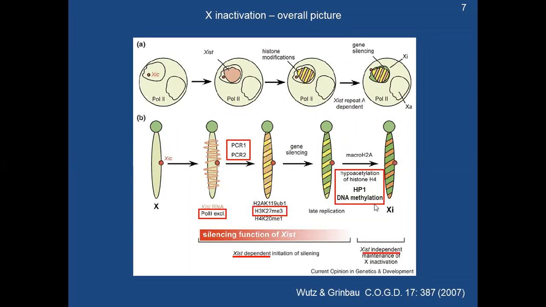We are going to have DNA methylation and deposition of heterochromatin protein 1 on the X chromosome, and we are going to maintain it in this silent state, and then we don't need Xist anymore. So this phase is called Xist-independent maintenance of X inactivation, whereas the initial part is called Xist-dependent initiation of silencing.